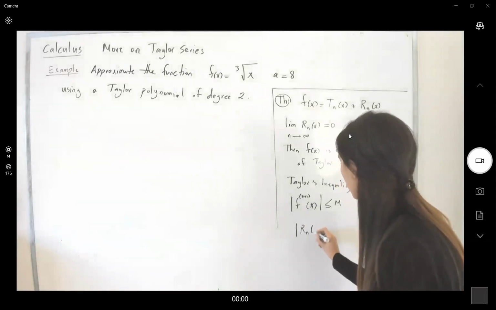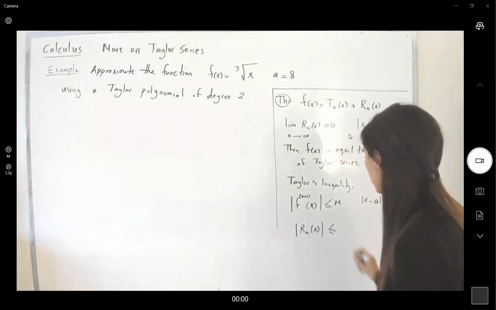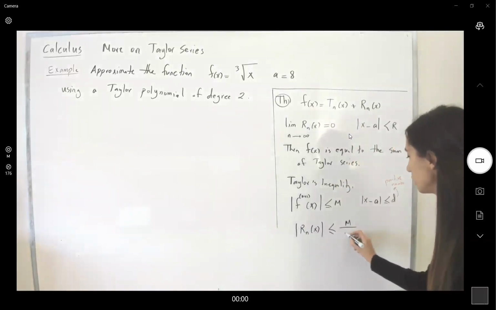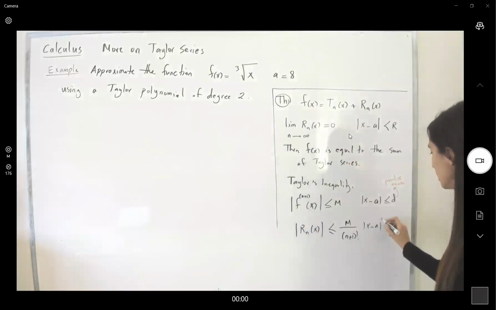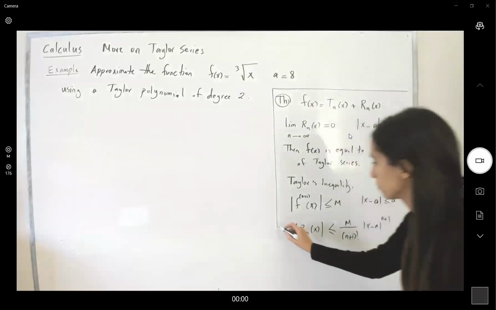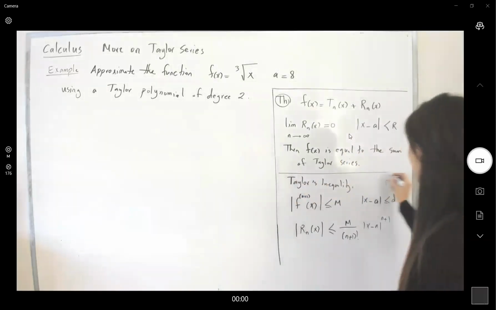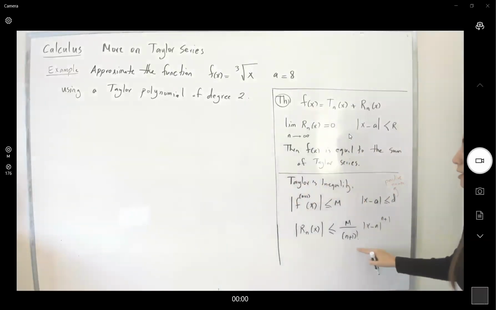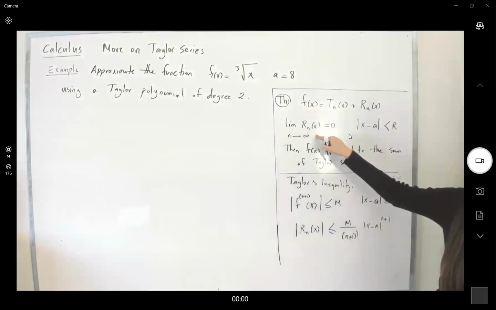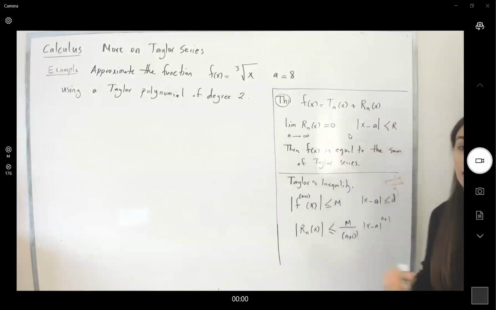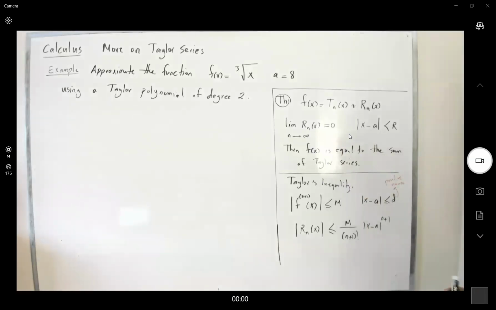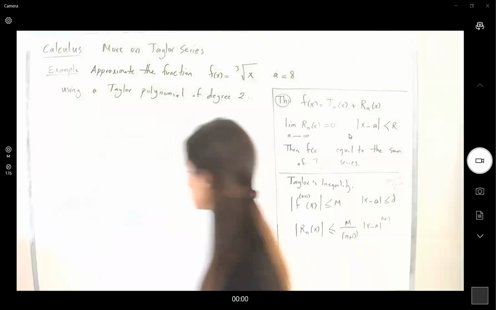So the absolute value of Rn of x is less than or equal to M divided by n plus 1 factorial times absolute value of x minus a to the n plus 1. By using Taylor's inequality, we can then take the limit of Rn. If the limit goes to 0, we say that f of x is actually equal to the sum of the Taylor series. Okay, perfect.